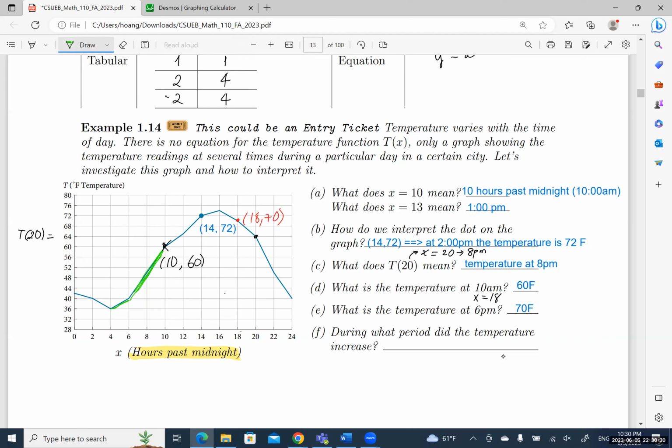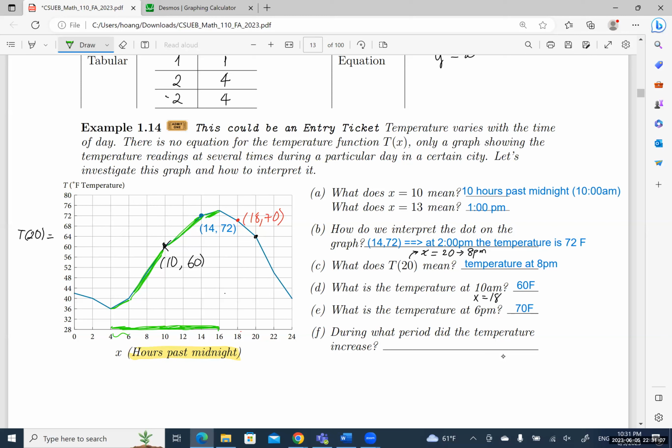Here to here, increasing, here to here, increasing, and to here. All right. So that means, let's say from the x values here, from 4 to 16 hours past midnight, will make the temperature increase.